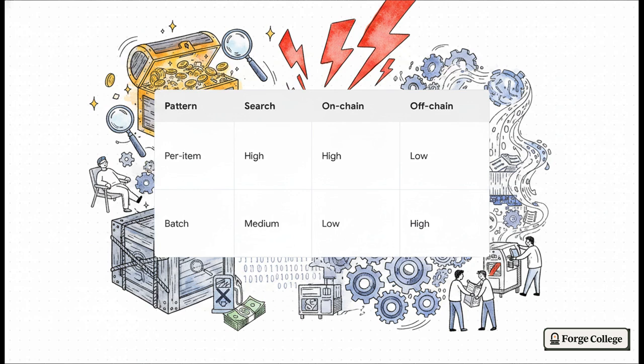However, you do trade searchability down to medium, since only the operator is indexed, and you shift the off-chain work to high. Why? Because now your off-chain indexer has to take that tightly packed binary blob and deterministically unpack it to read the individual items. But honestly, you are trading a bit of off-chain computing power, which is dirt cheap, to save on-chain gas, which is very, very expensive. It's a no-brainer.